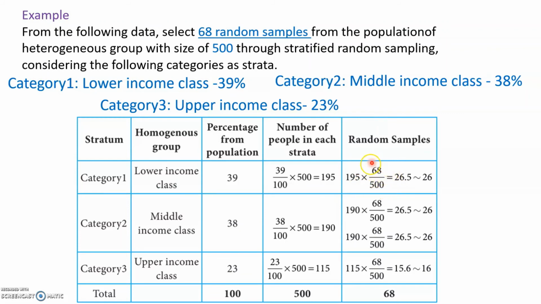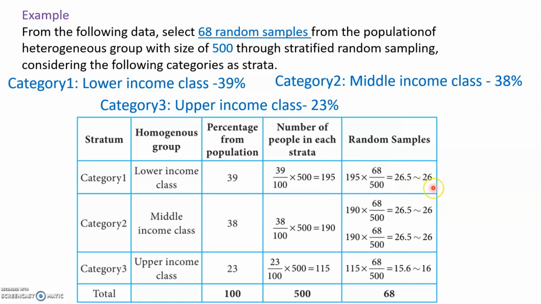So 68 is the number of samples that we need, and you have the total population of 500, and I'm going to multiply it with this 195. So your 195 divided by 500 can be a weight of proportion, the weight that we are adding to this population. Times 68 would give you 26.5.